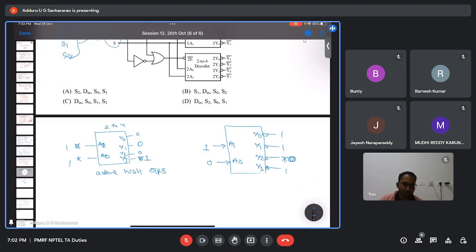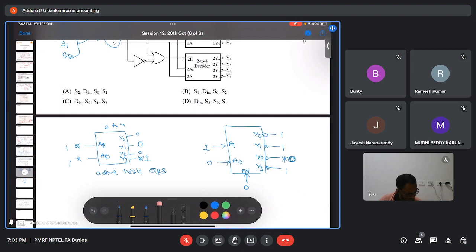There is also something called enable input, chip enable, or decoder enable. The decoder will be enabled only when you apply this enable. Suppose the enable is 0. Then irrespective of what input you give, the decoder is inactive, even though you gave inputs 1, 0.